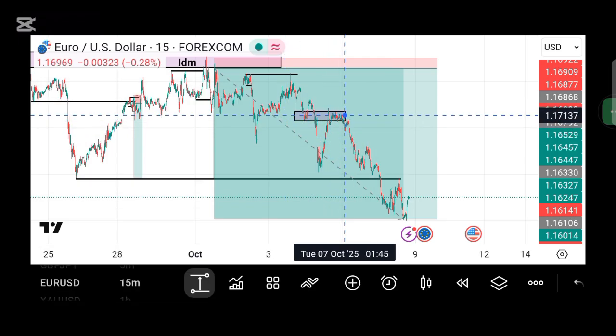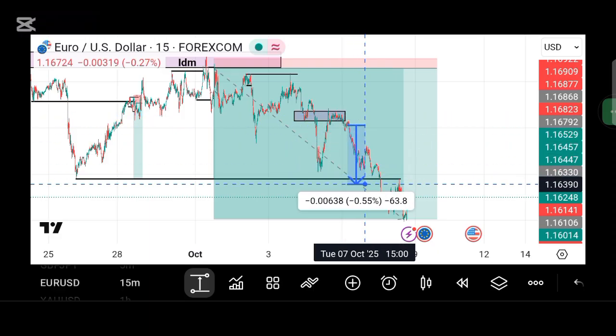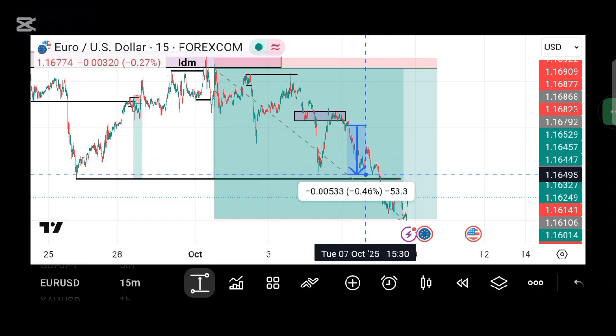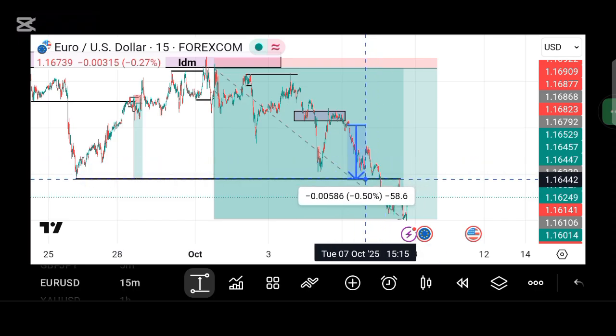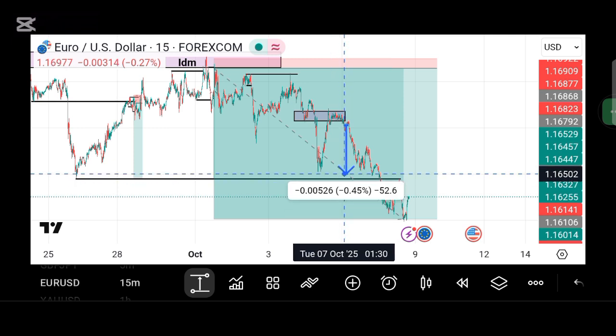Then this is where the 7th started from, and from here down to here, price did about 600 pips before the end of London session. I missed it because I told myself I was not going to trade Asian session, and I would not take any trade at the end of New York session, which is like 8 p.m. West African time.